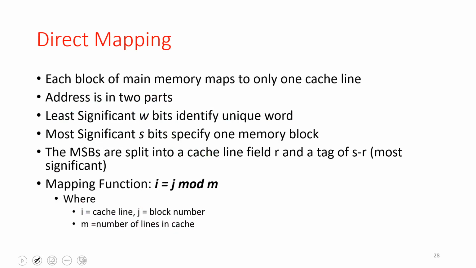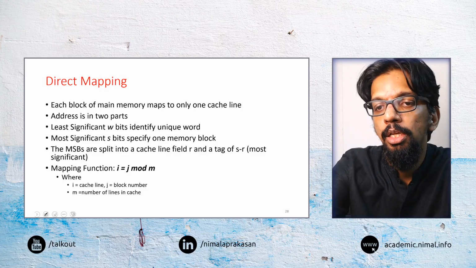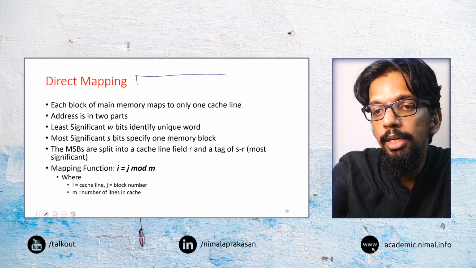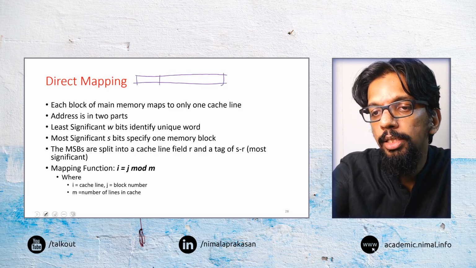So in direct mapping, because that's one of the easiest ways to identify how blocks are going to be stored, each memory address will have two parts.